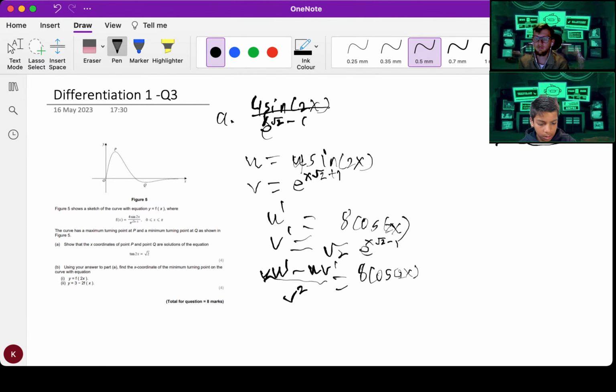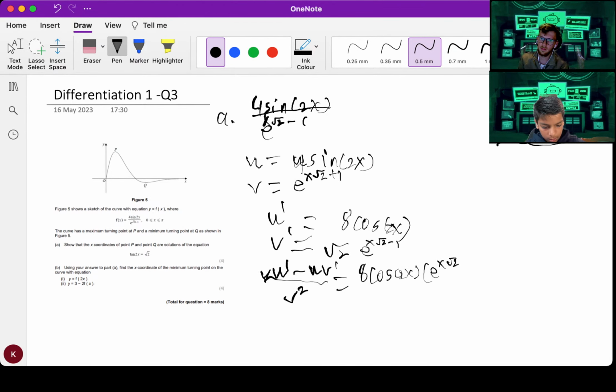Then that's 8 cos of 2x times v, e to the power of x root 2 minus 1.